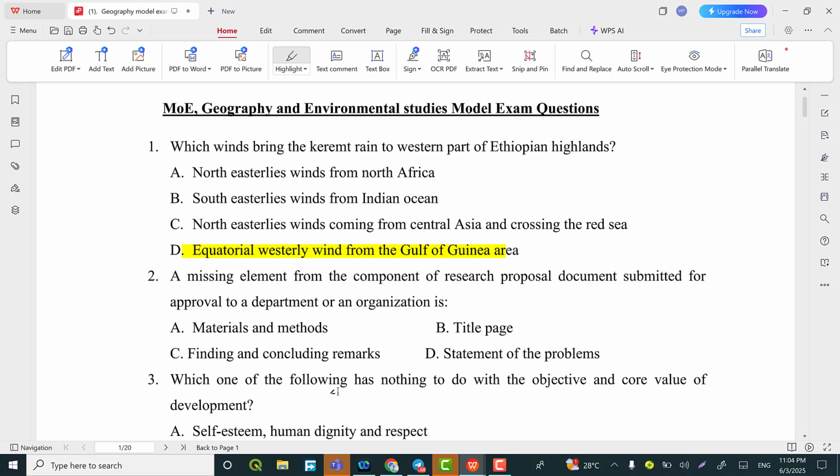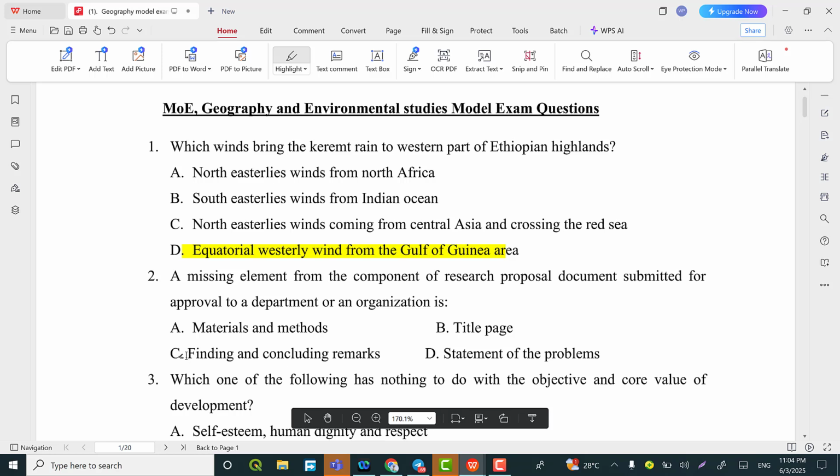Yes, automatically the title page should be part of the proposal. C. Findings and concluding remarks. This is not a proposal. This is the final version of a research. So this is not a component of a proposal.